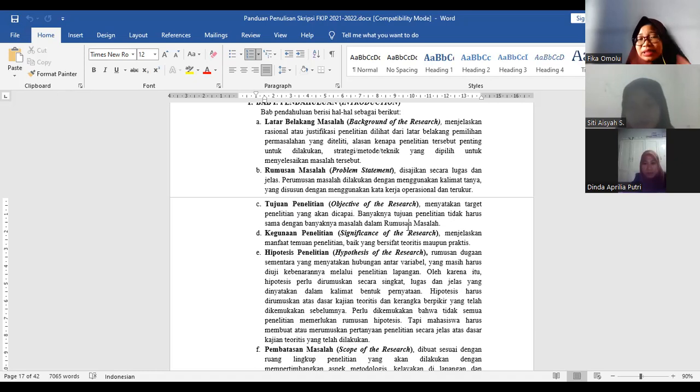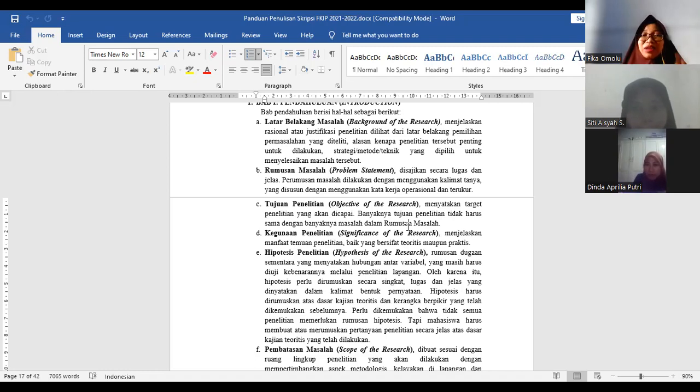Okay, objective is the purpose of the research, why we do the research, what will be the last point of the research. When we make a question to find out the ability of some students, the problem question maybe is how is the ability of the students, then the objective will be to find out the ability of the students. That's why we do the research.